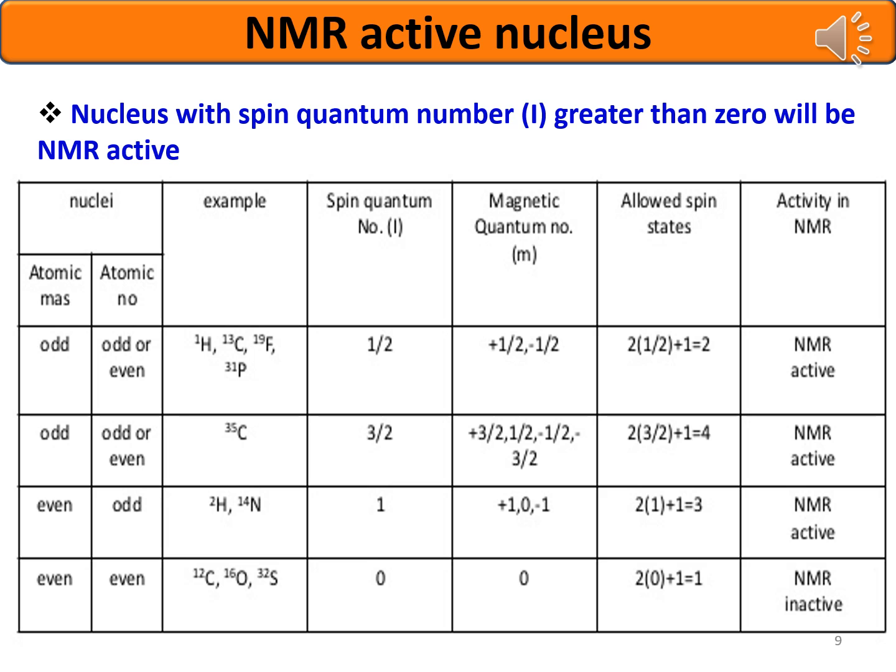The reason is, in such nuclei, the spins are paired against each other so that the net spin will be 0. In all other cases, that is, nuclei with odd mass number with odd or even atomic number, and also even mass number with odd atomic number, are NMR active.